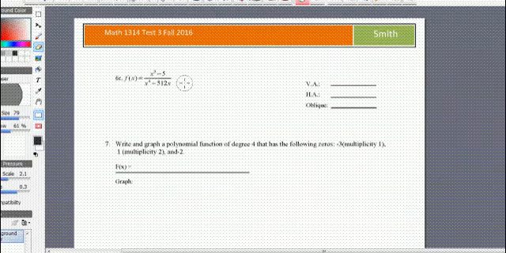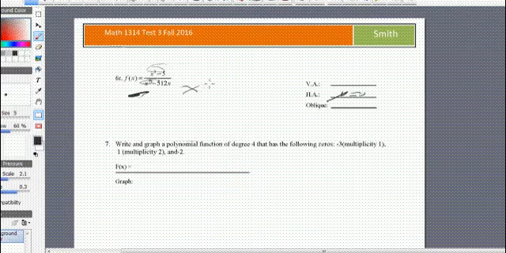Same thing here. What's your degree on top? Degree on top is 3. Degree on bottom turned out to be 4. Bottom's bigger. Y equals 0. Difference of 2 cubes.